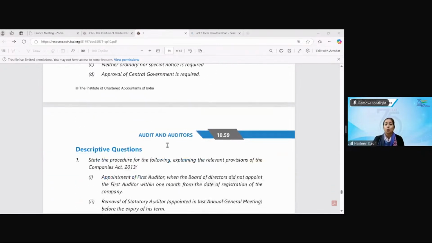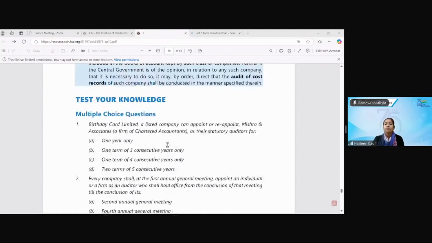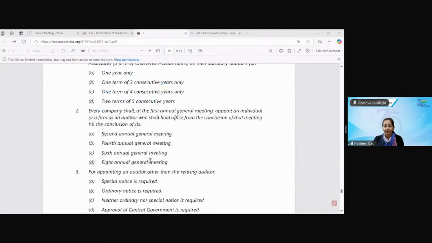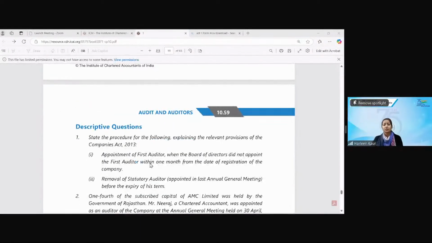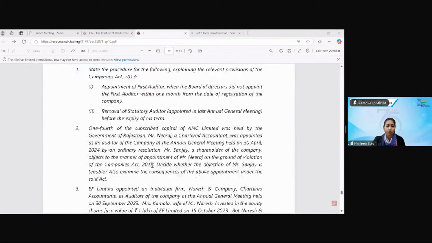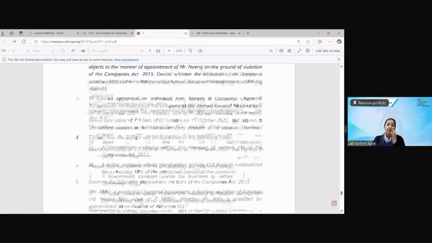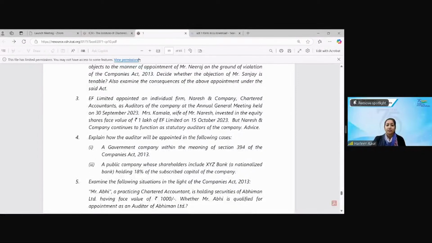Now, please go through all these MCQs. MCQs, children, help to give you clarity. Some of the descriptive questions also I wanted to show you from here. So the straightforward question relating to appointment of the auditors and removal, simply section 139 and section 140 reference can be given over here. Question number 2 and 3 are case study based questions.